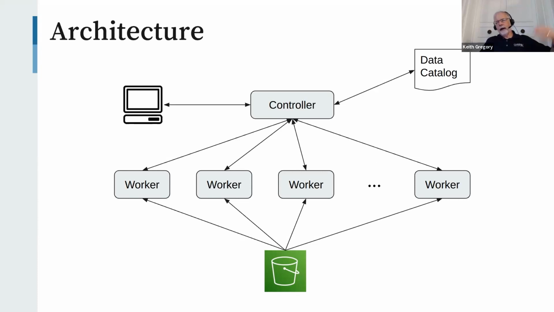So it goes outside of itself to look at the table definitions. It also relies on IAM as its permissions, the built-in AWS permissions model, because it's accessing data from S3. So you're basically taking these functions that are part of a traditional database system and splitting them out.